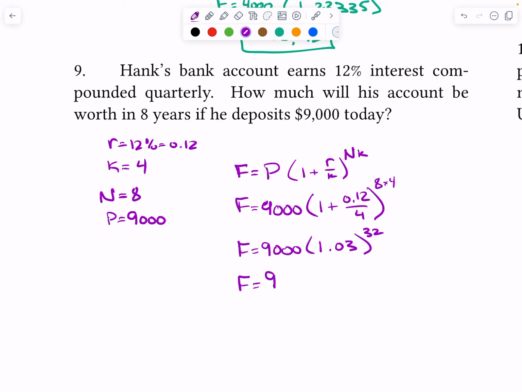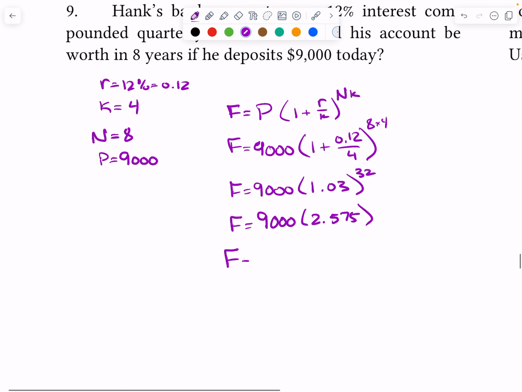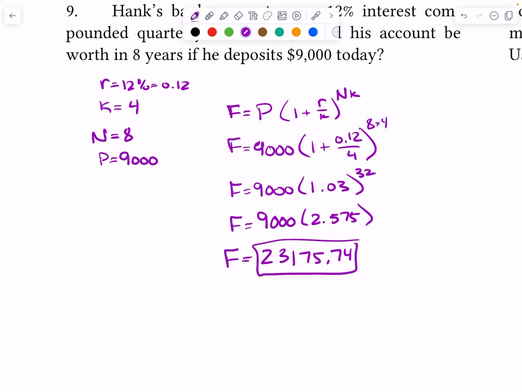And I got 2.575, which is a surprising amount. I'm going to have to double check my math, but if that's right, then this is what I'll have. I'm just going to double check this on my calculator just to make sure I've typed everything in correctly.